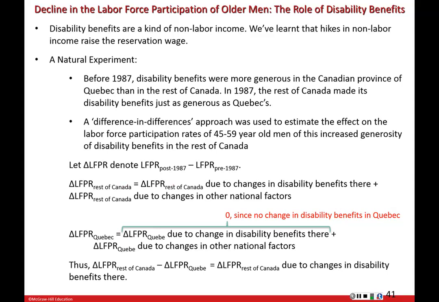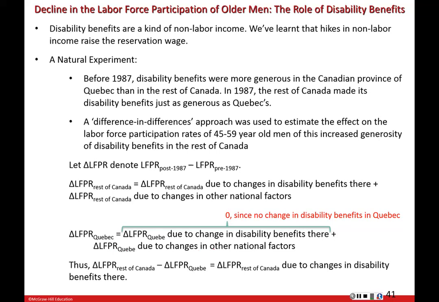It's the change in the rest of Canada due to changes in disability benefits, plus change in the rest of Canada due to other national factors. Similarly, for Quebec, the change in the labor force participation rate pre and post 87 can be broken up into two parts. Change due to a change in disability benefits there, plus change due to other national factors.